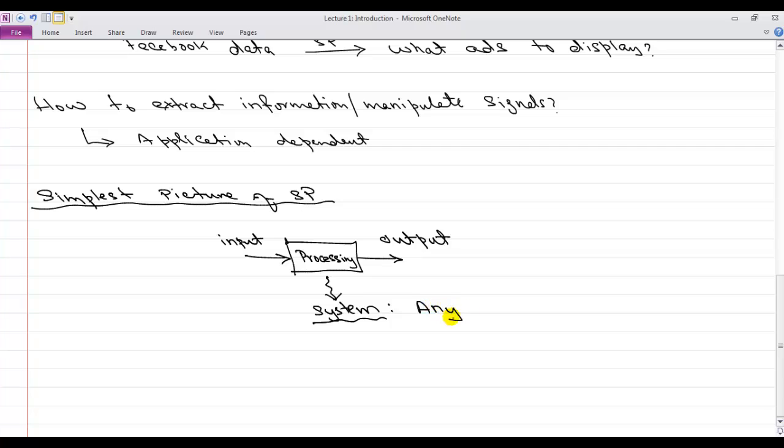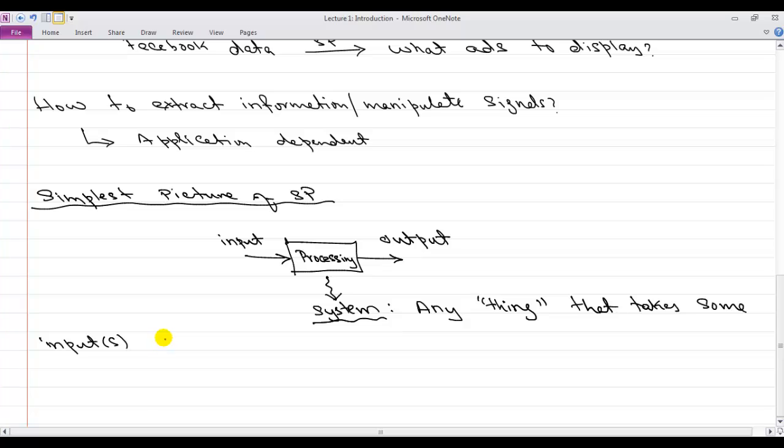Formal definition of a system is that anything that takes some inputs (and I'm putting S in brackets because it may take one input or it may take more than one input) and generates some outputs is a system.